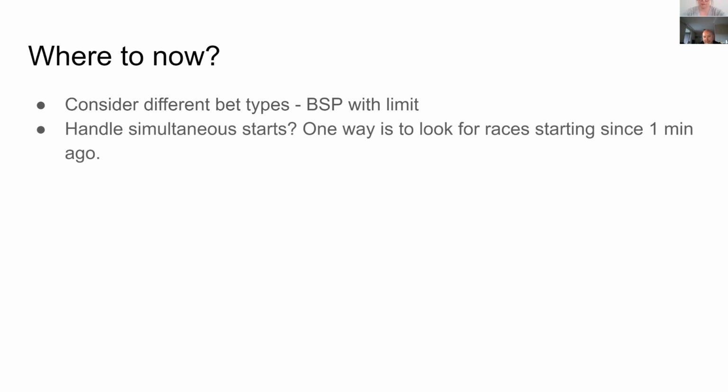Handling simultaneous starts. I've never had this problem. Like I'd imagine on some Saturdays you'll get 2 races starting at 14:52. The way I've typically handled that is I look back 1 minute. So if there is 2 at 14:52, I'll place my bets for the first race at 14:52. I'll say, give me the next race, which will be all races.